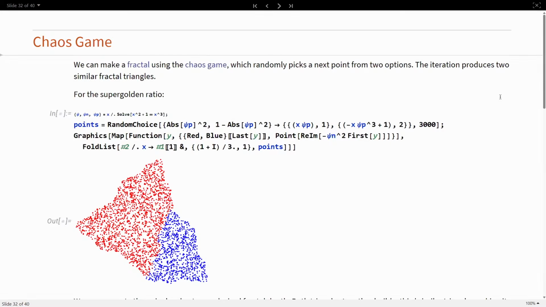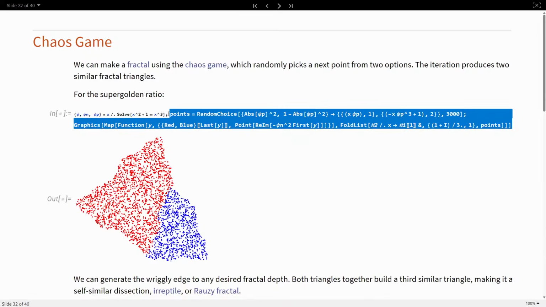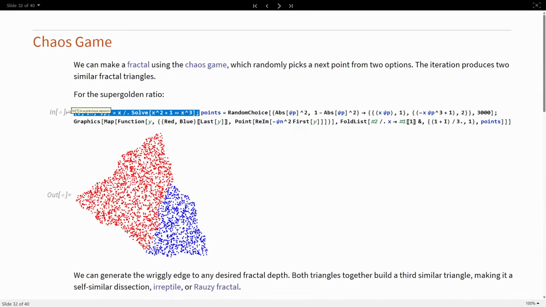For the chaos game, I'm not sure why these have different sizes. For the chaos game, we basically just repeat something randomly and see where the points wind up. And for certain systems, you get shapes emerging from the points as you just randomly place points.